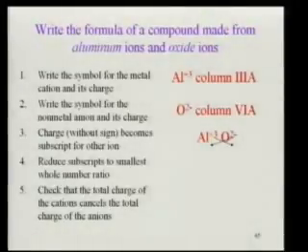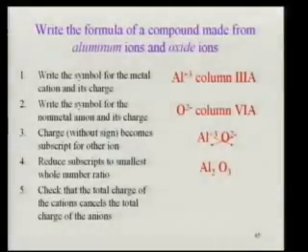Make sure that works in your head. If I have 2 Als, what's my charge? 6 positive. If I have 3 Os, what's my charge? 6 negative. It all works out. Just double check it if that's the step that you want to use. Now, at that point, what you have to do is take a look at this and reduce it to simplest terms. If this was 4 and this was 6, you would reduce that to 2 and 3.